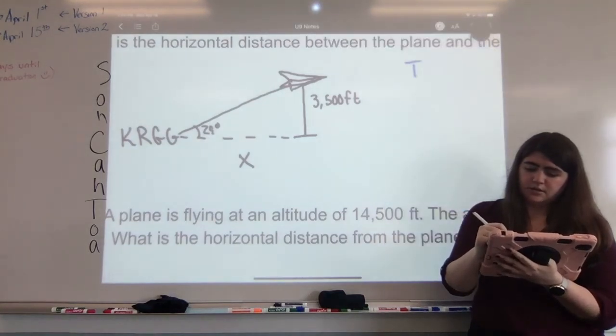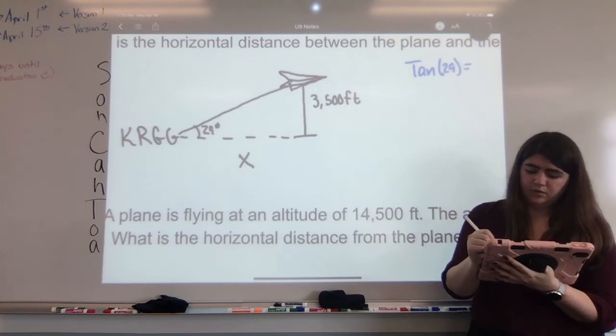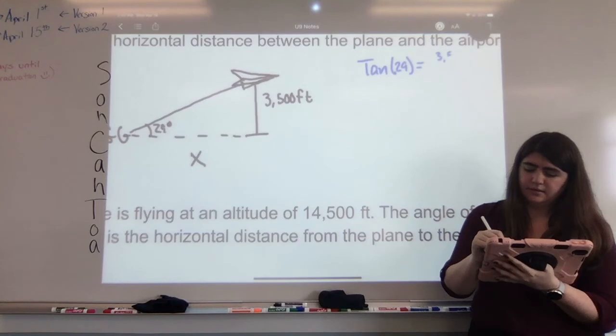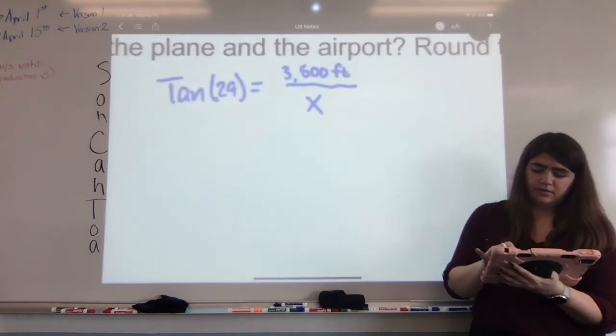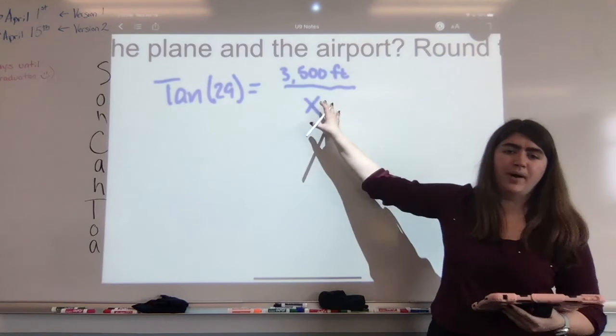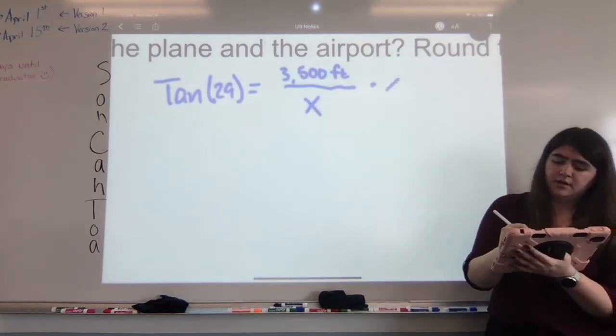So the tangent of 29 degrees is equal to opposite of 3,500 feet over x. All right, so to solve this, we're going to first get x out of the bottom of our fraction by multiplying both sides of our equation by x.